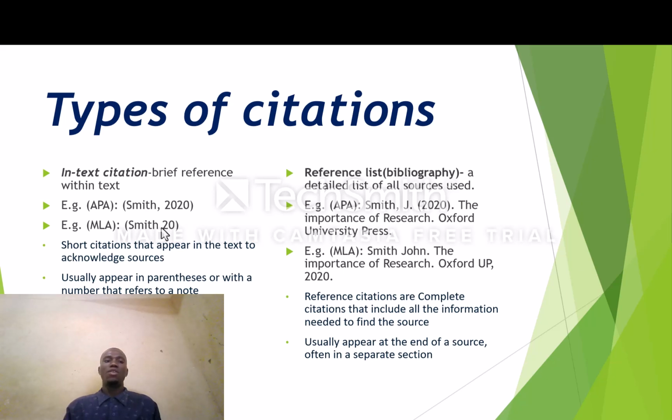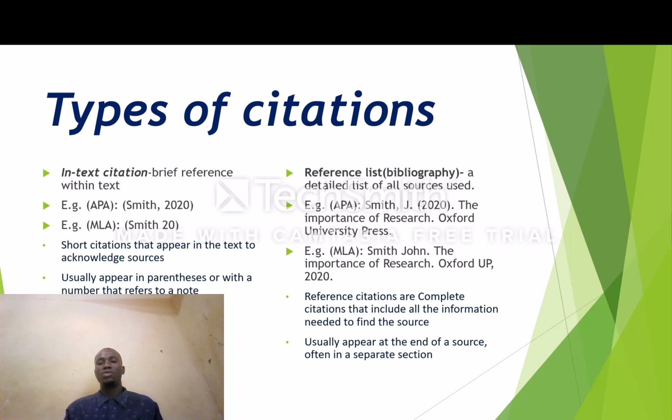Under types of citation, you can also have the reference list or bibliography. It is a detailed list of all sources used. Under the reference list, you can use a format like Smith, J. 2020. That is how you can write the reference list.